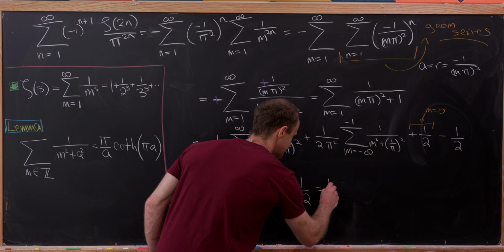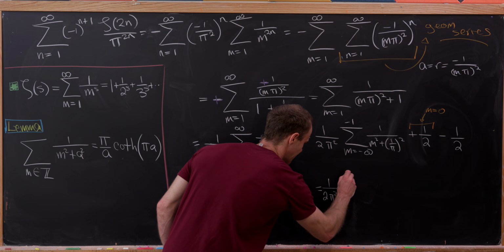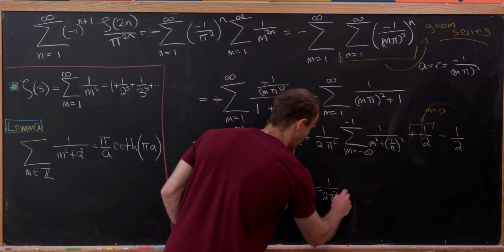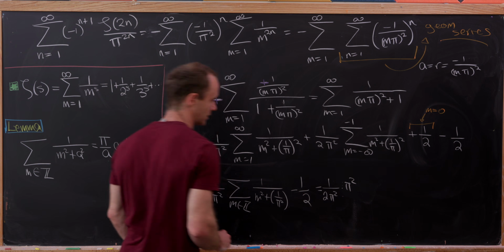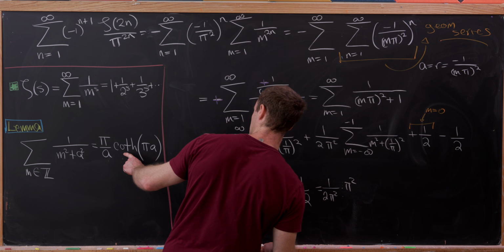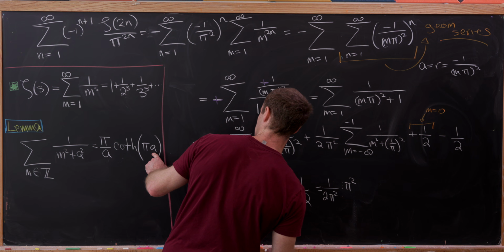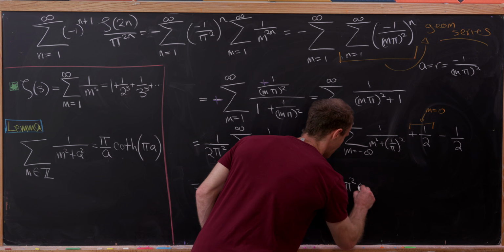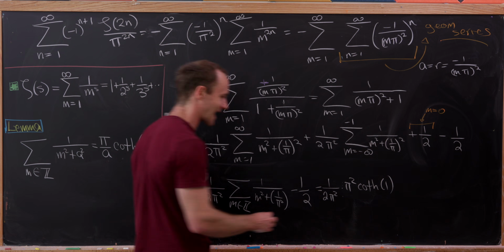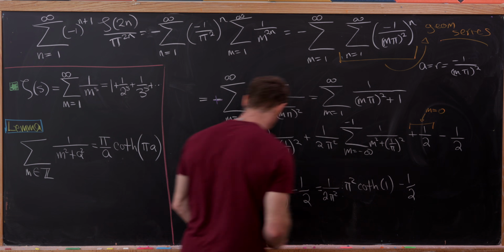So let's see, we still have this 1 over 2 pi squared out front, and then we'll have pi over 1 over pi, so that ends up being pi squared. Well, that's actually kind of nice. And then we'll have the hyperbolic cotangent of pi times 1 over pi. Well, that's just the hyperbolic cotangent of the number 1, and then we have to subtract off our half.